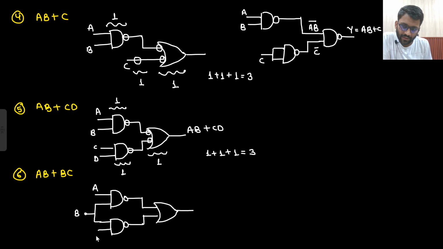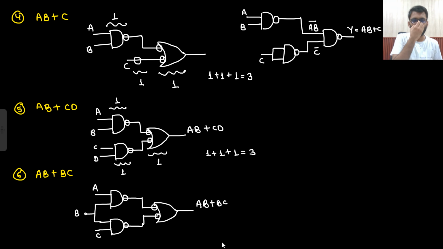This will be your B, this is your C. So sorry, this bubble is not there. This bubble will not be there. What we are doing, we are just implementing AB plus BC. So if I introduce a bubble here, another bubble I need to introduce here. So AB plus BC. That will be our answer.